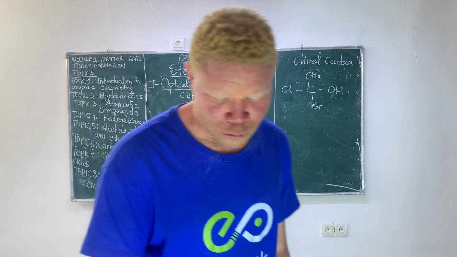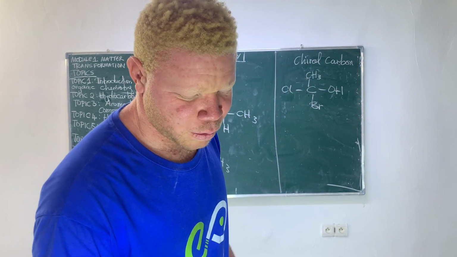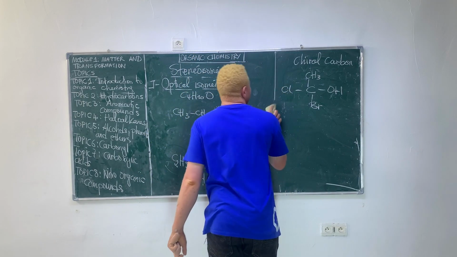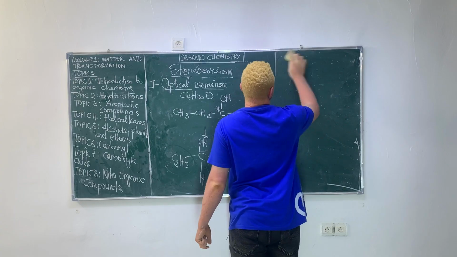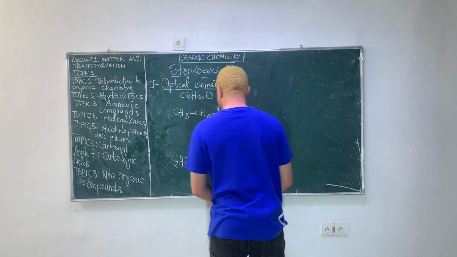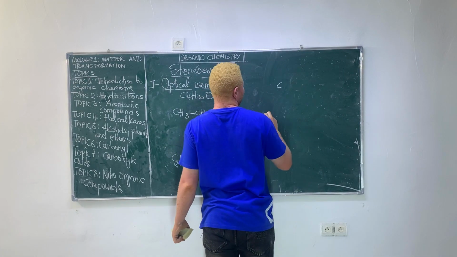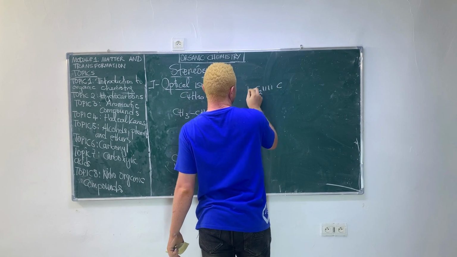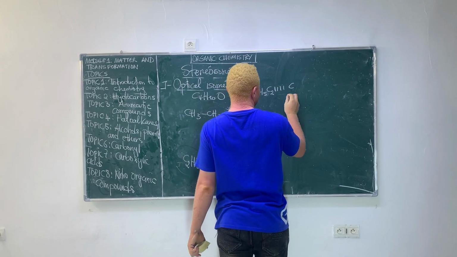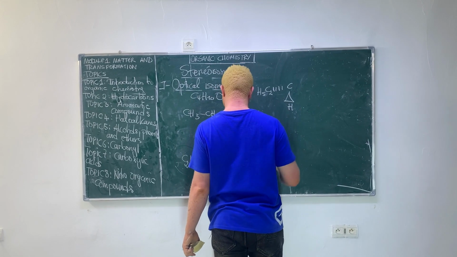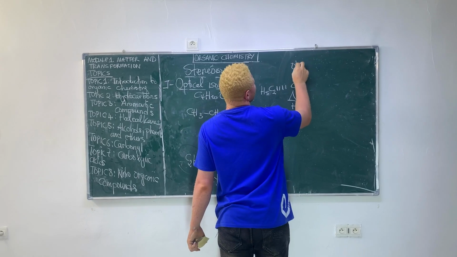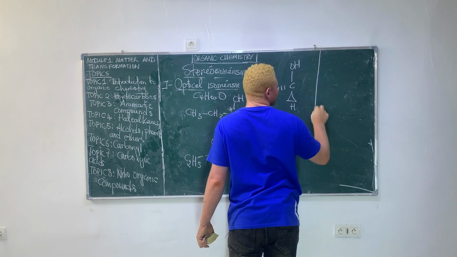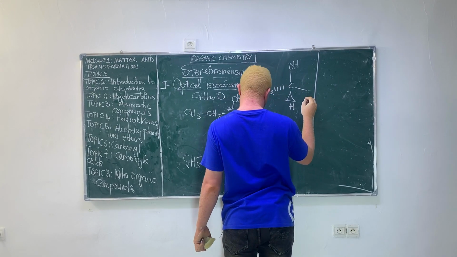So I'm going to draw the isomers on the board. Don't forget there are two isomers I'm going to draw. I have this isomer here. I put C2H5 behind the plane, H in front of the plane, and OH in the plane. I draw a mirror. Here there is CH3.